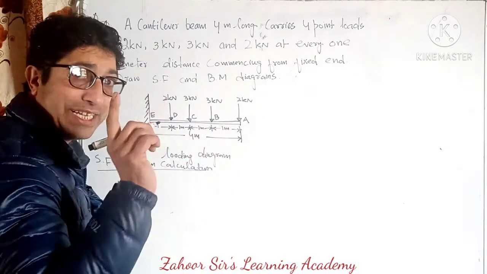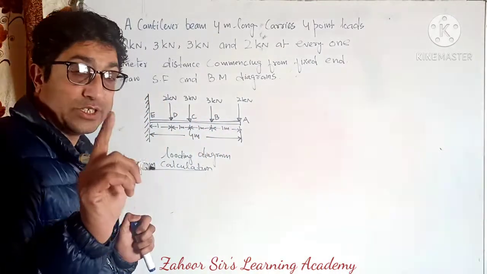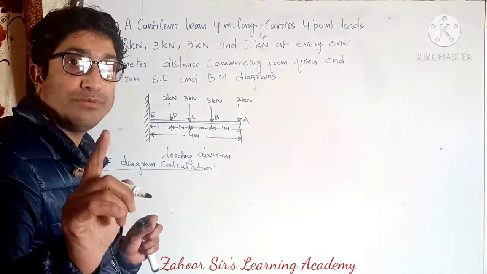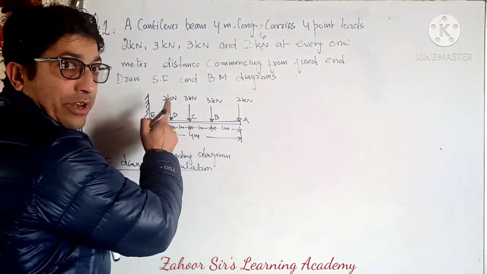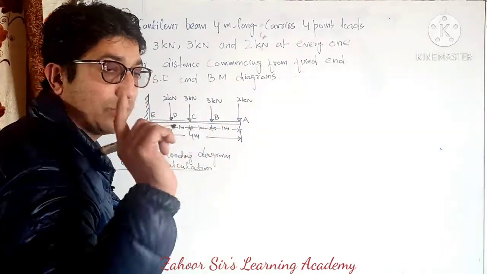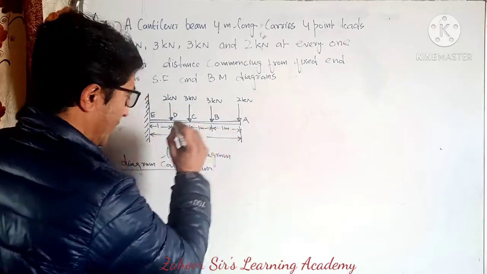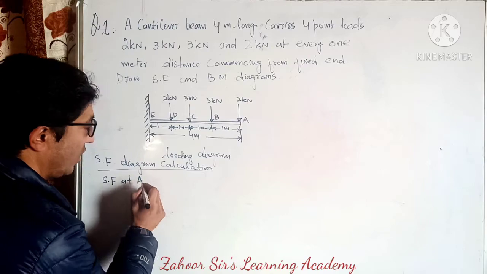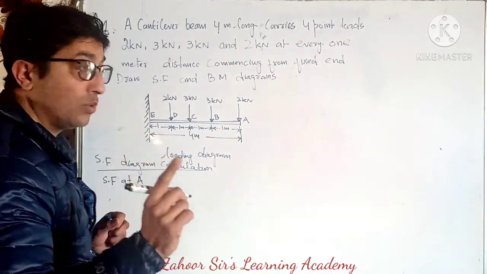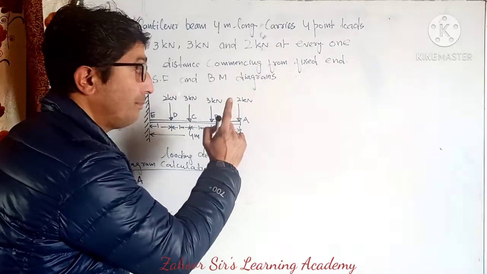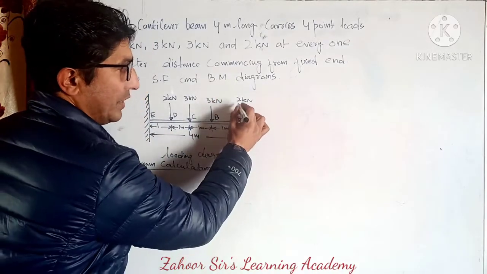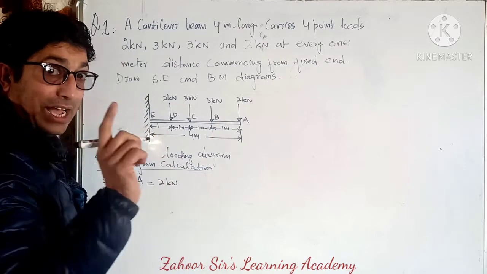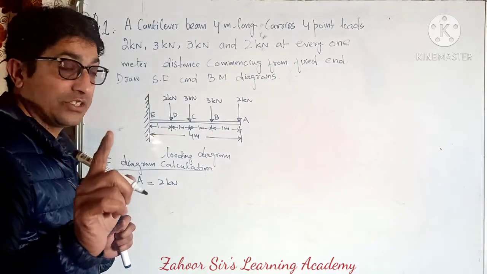What is SF? SF is shear force, which I told you in the last class, and it is the algebraic sum of all the forces either to the right or to the left of the diagram. I will show you how to do it. SF at A: how much force is at point A? It is 2 kilonewton. I told you the sign convention in the last class.